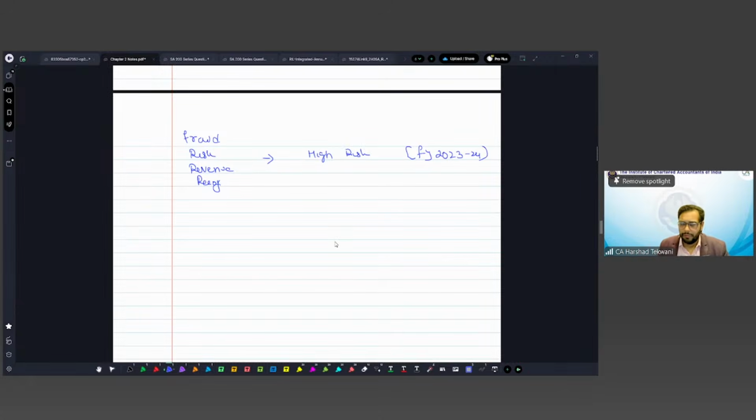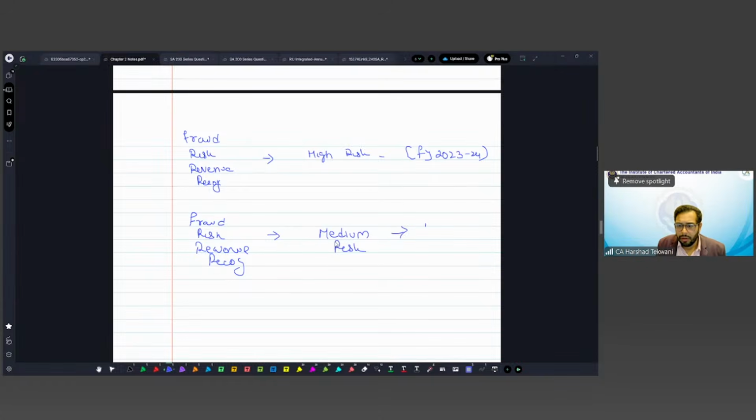No. Let me say: fraud risk for the revenue recognition, high risk, FY 23-24. Where I said fraud risk, revenue recognition, it is medium risk.